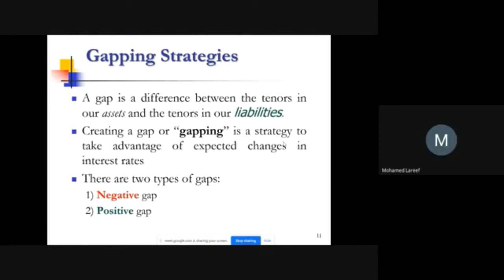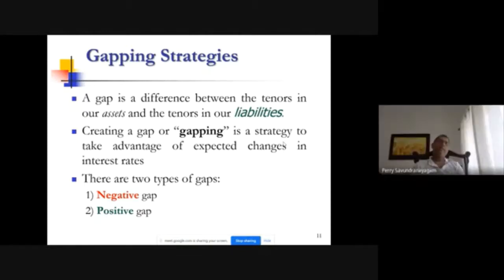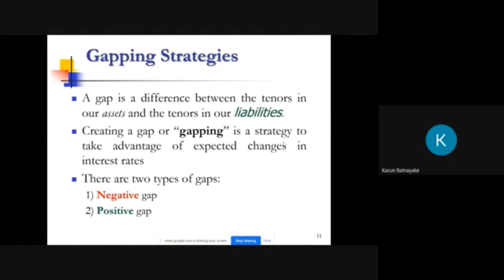It should be longer term. Yeah. So basically, if you create an asset and then you have short-term liabilities and your view is interest rates are going up, then you're running the risk that those short-term deposits are going to become more costly over time, right? Yes, they will be repriced at a higher cost.